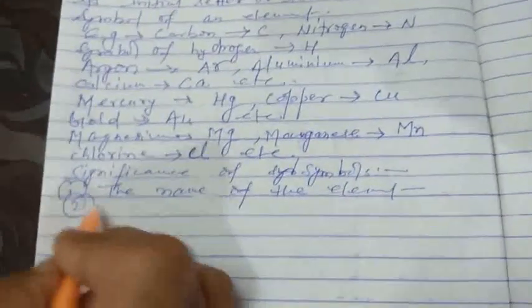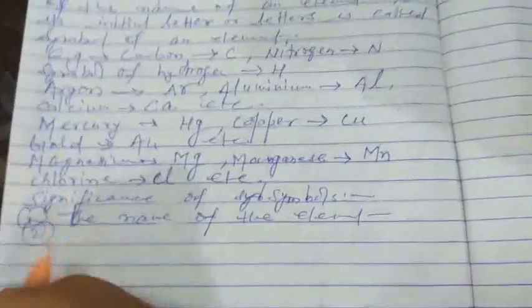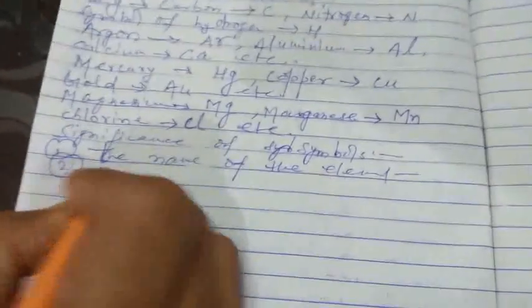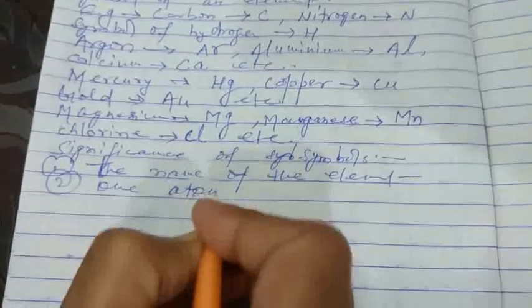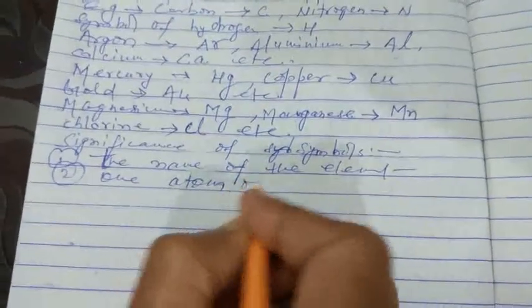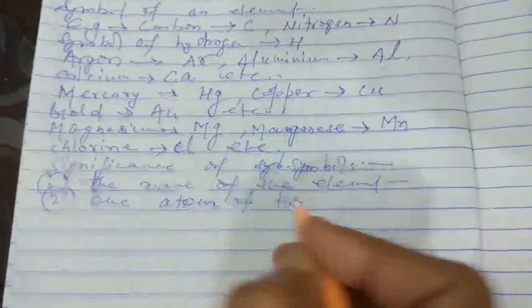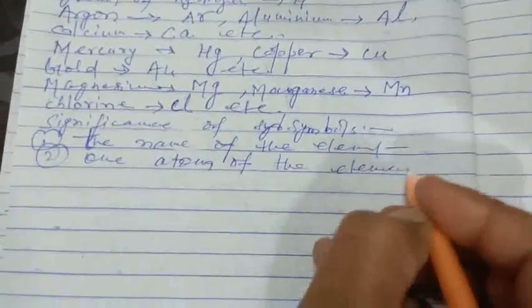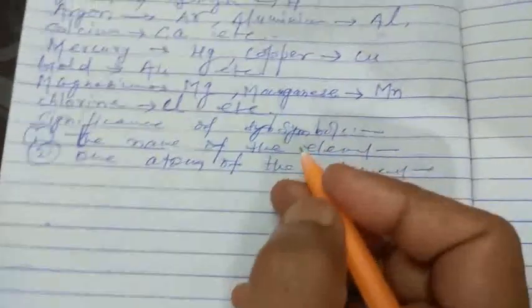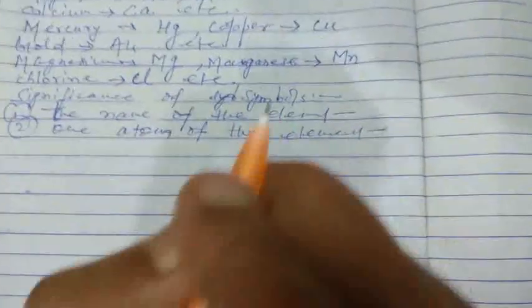Number 2, one atom of the element. For example, the symbol O means one atom of oxygen.